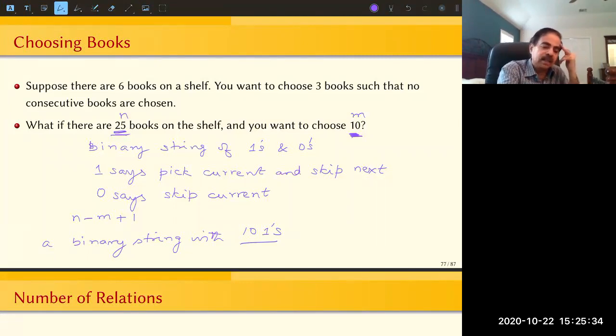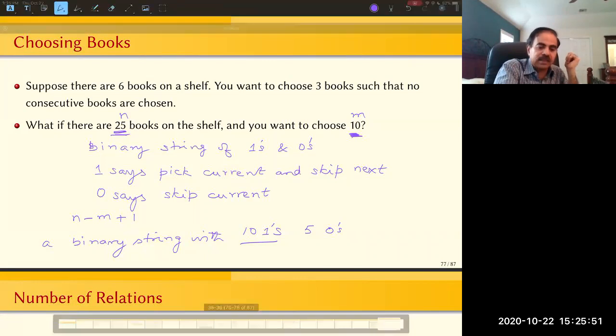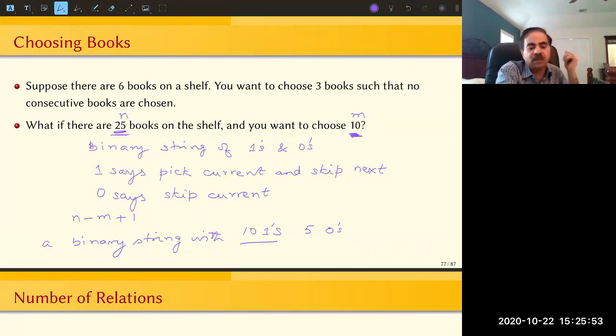And then, according to what Greg said, you will have only 5 zeros. A simple calculation says that 10 ones will allow you to pick 10 books and skip 10 books, so this will cover 20 books and this will cover 5.